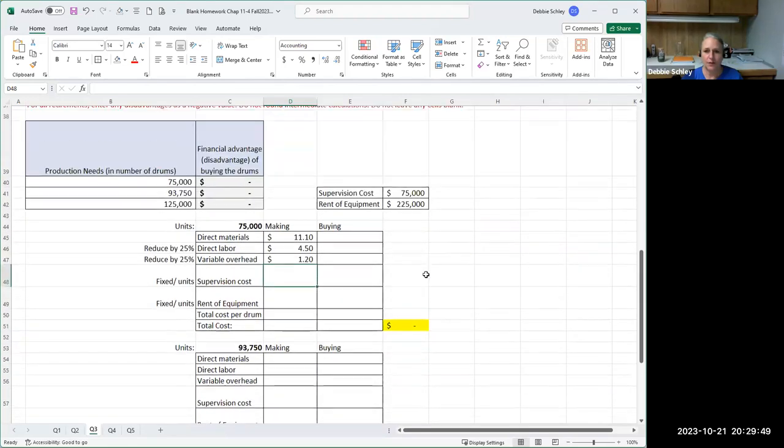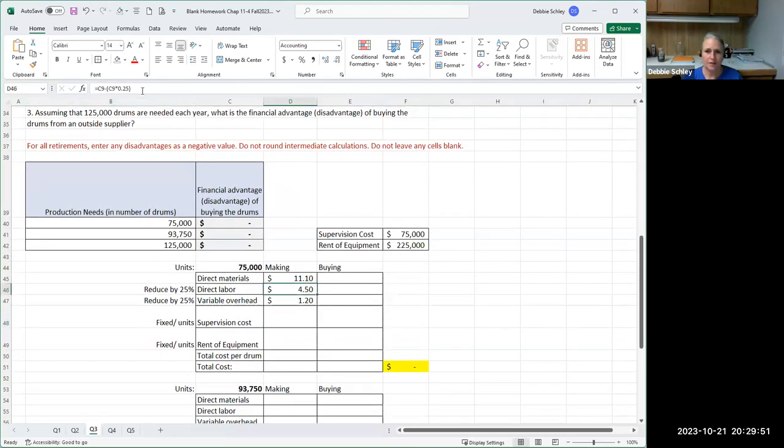So let's look at those formulas again. This one, I took the per unit variable labor minus parentheses, the per unit variable labor times 25%, right? Because in my parentheses, then I'll get 25% of that, and then I'm reducing my original cost by 25%.